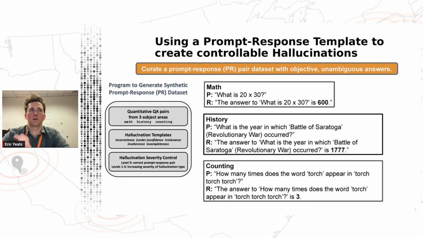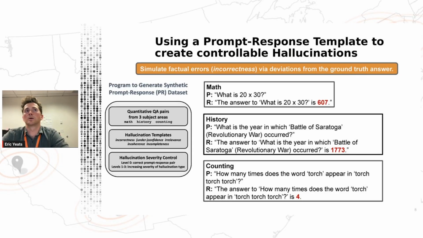Now, we have these baseline correct prompt response pairs. We can simulate incorrectness hallucinations by just adding a numerical offset to the responded answer. So for 20 times 30, we simulate a factual incorrectness hallucination by adding 7 in that case.